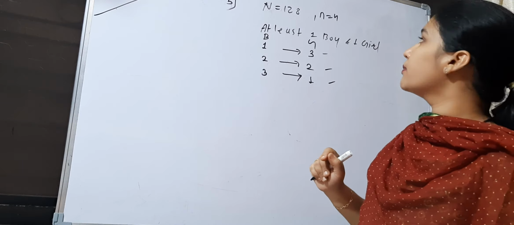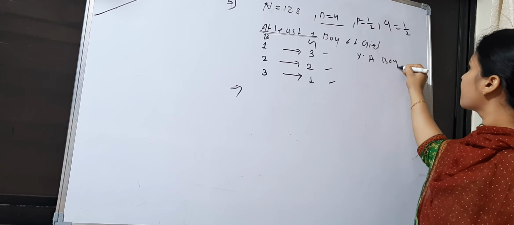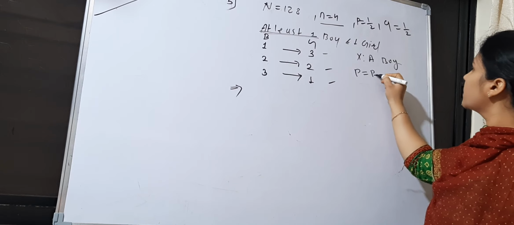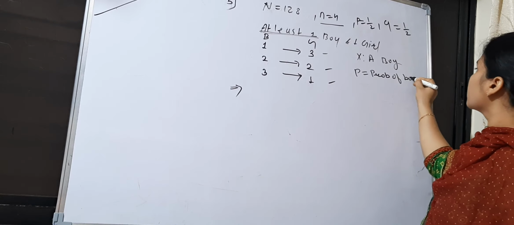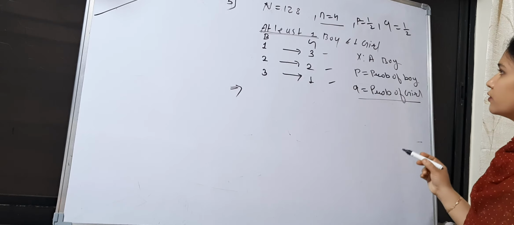Now if our x denotes a boy, then P will be the probability of a boy, and Q will be the remaining probability, meaning the probability of a girl. If there is not a boy, then there will be a girl. So Q will be the probability of a girl.